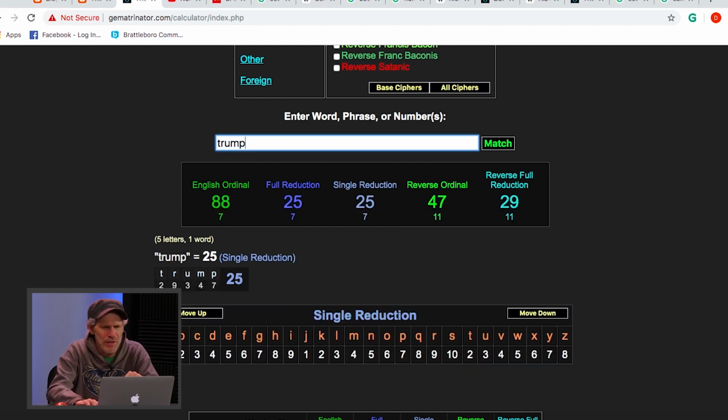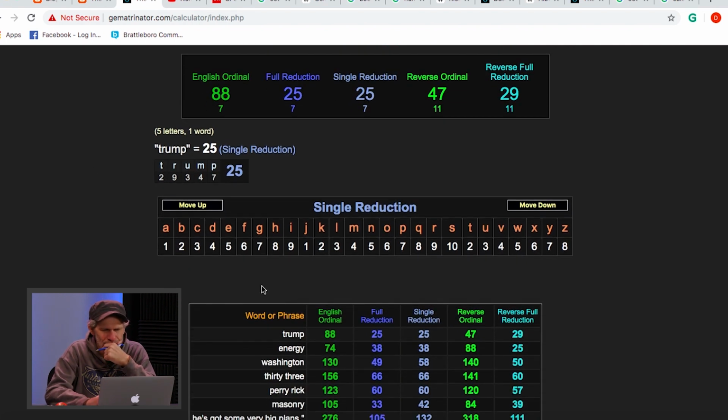Trump also 88, like energy, also 29. So look at that. Energy 74, Trump 47, the reflection thereof. Also 25, so Trump should be doing some more stuff about energy. Anyway, so that's that story.